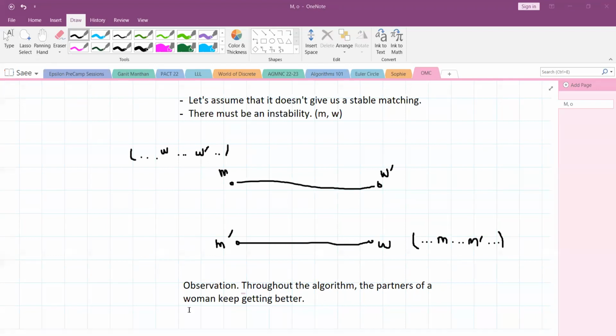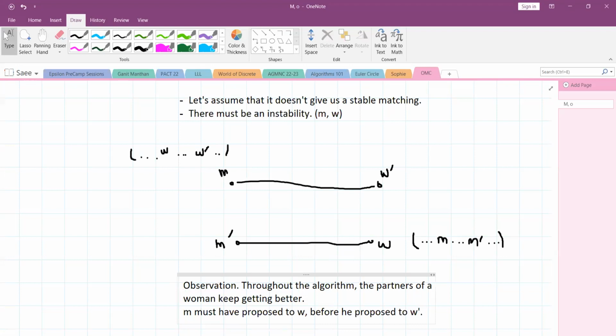So let's write that down. M must have proposed to W before he proposed to W prime, right?